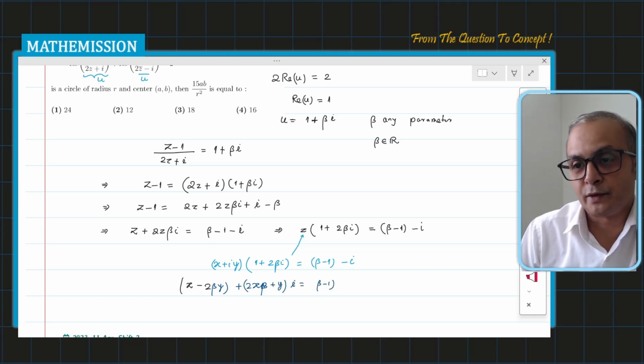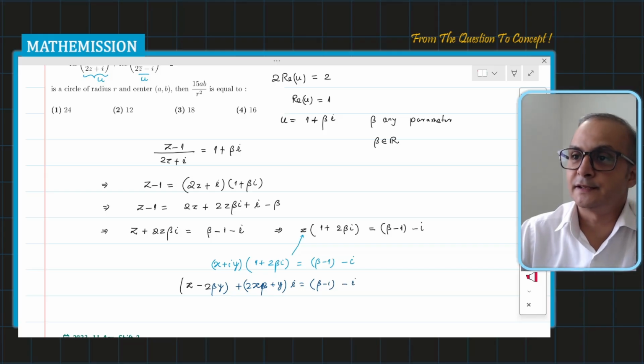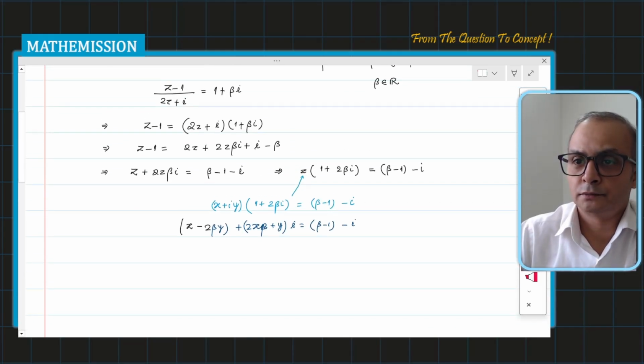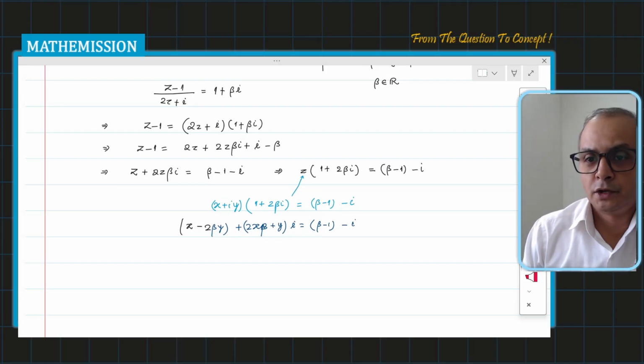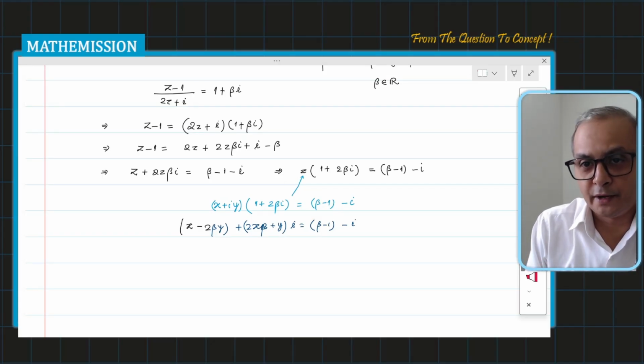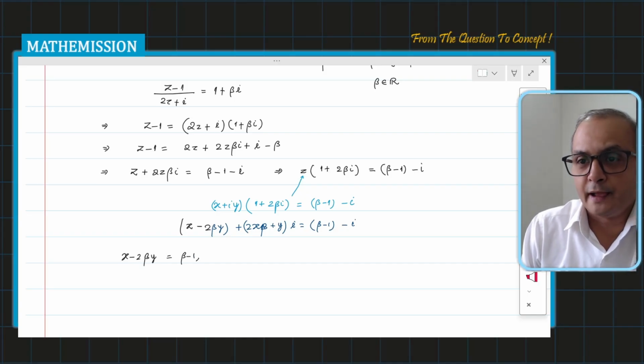So beta minus 1 and minus I on the left hand side is. If you compare the real and imaginary parts, we get x minus 2 beta y is equal to beta minus 1, and 2x beta plus y is equal to minus 1.